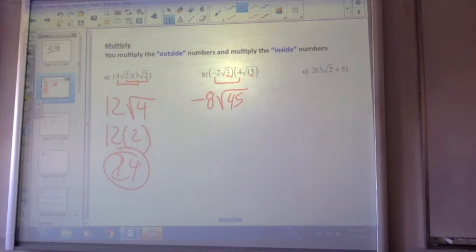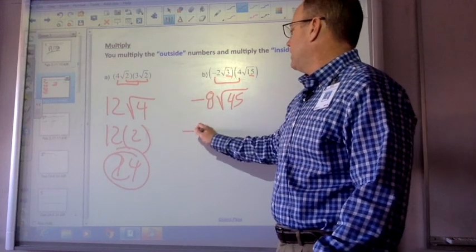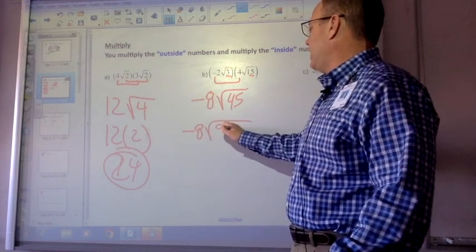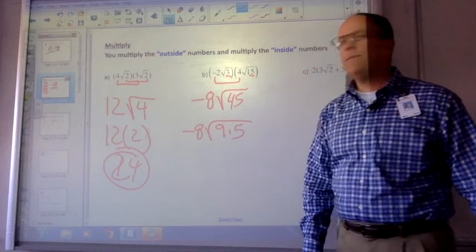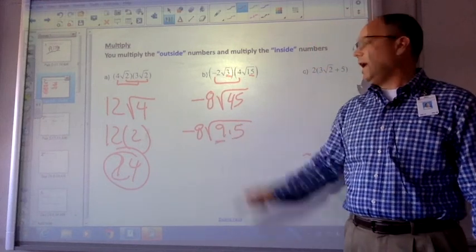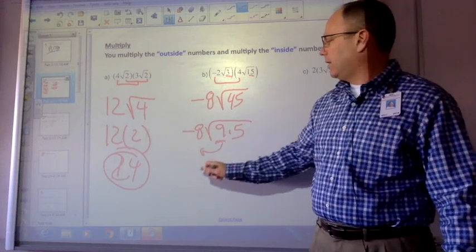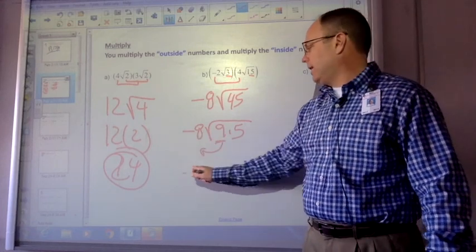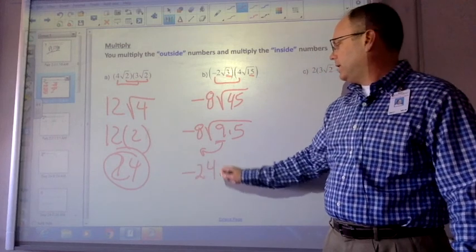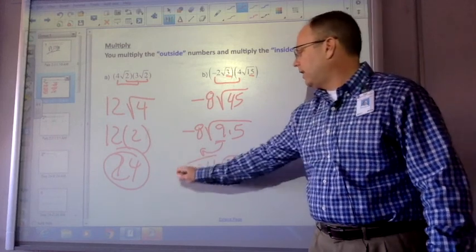Yeah, 9 and 5, and 9 is the perfect square. Great. So I get negative 8, and then I'm going to break this up to square root of 9 times 5. Is that okay? Square root of 9 is what? 3. 3 comes out. And then negative 8 times 3 is negative 24. And then I have square root of 5 that's still inside.